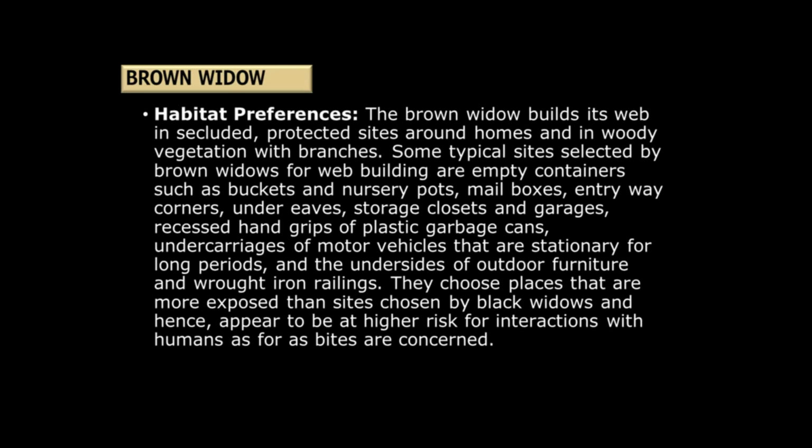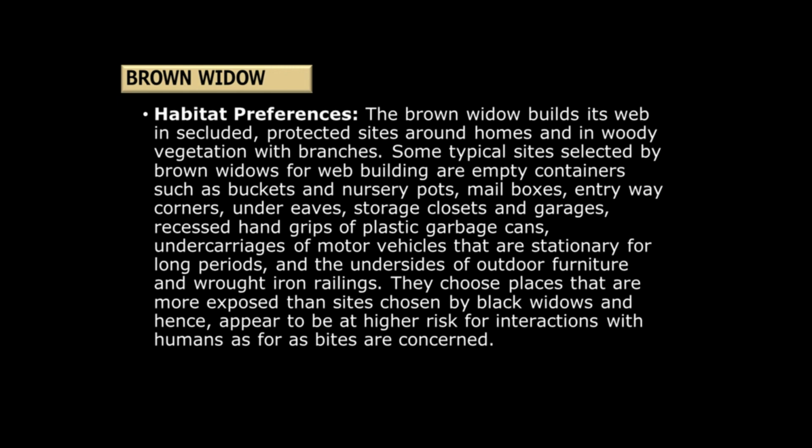Habitat preferences of the brown widow. The brown widow builds its web in secluded, protected sites around homes and in woody vegetation with branches. Some typical sites selected by brown widows for web building are empty containers such as buckets and nursery pots, mailboxes, entryway corners, under eaves, storage closets and garages, recessed hand grips of plastic garbage cans, undercarriages of motor vehicles that are stationary for long periods, and the undersides of outdoor furniture and wrought iron railings.